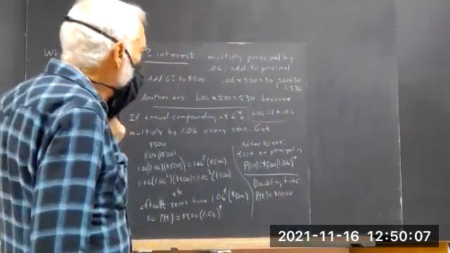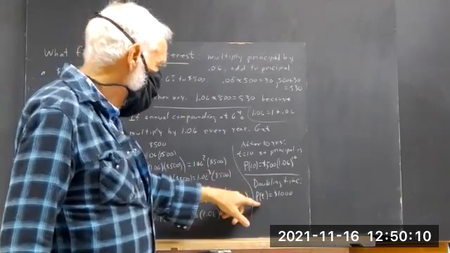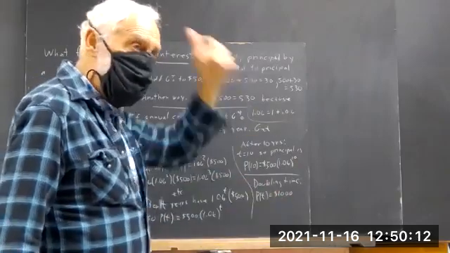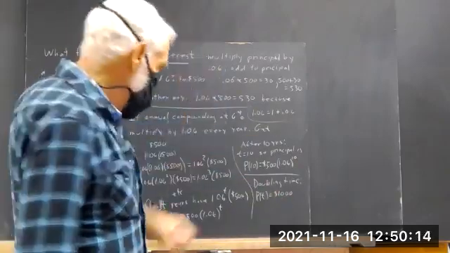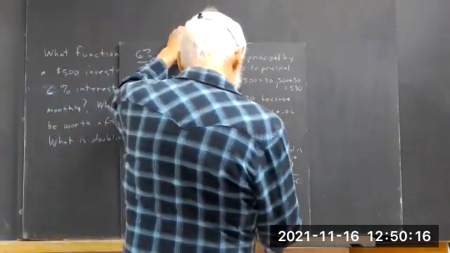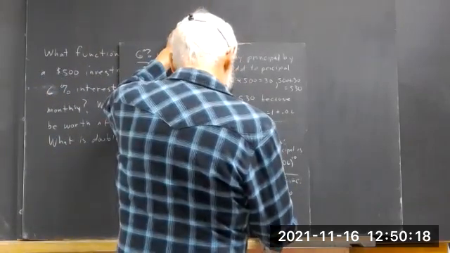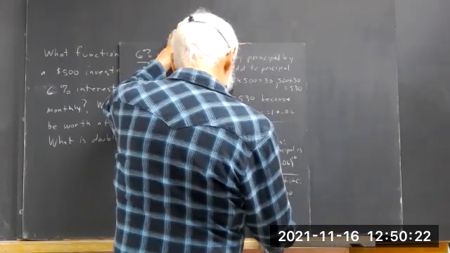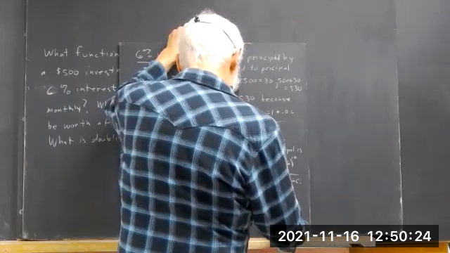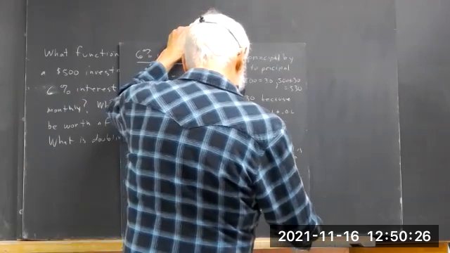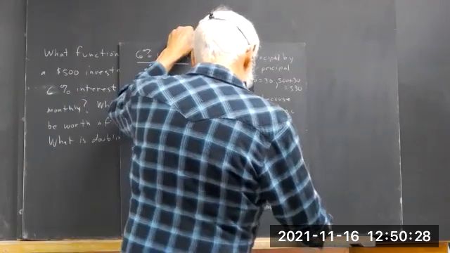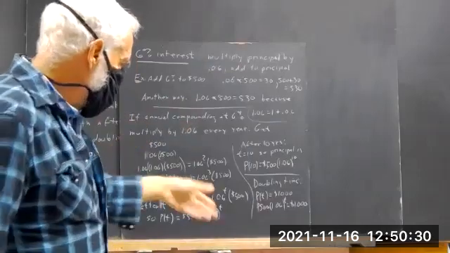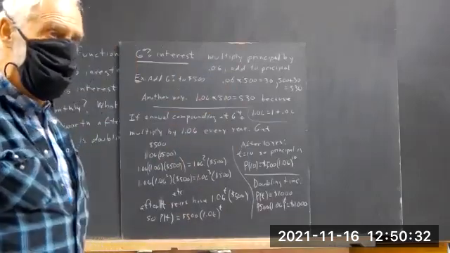Simplest way, it's going to double when it reaches $1,000, right? So you're going to have $500 times 1.06 to the T is $1,000.